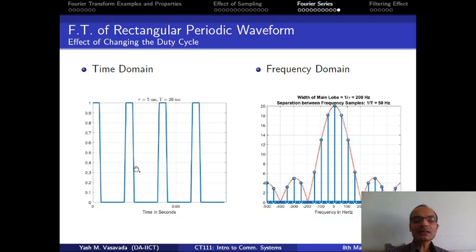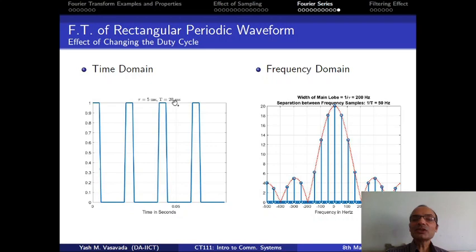In other words, the period in the time domain has shrunk. Because the period has reduced, the spacing between the impulses in the frequency domain has increased, and now it has become 50 hertz. Remember, it was 20 hertz with a 50 millisecond period.